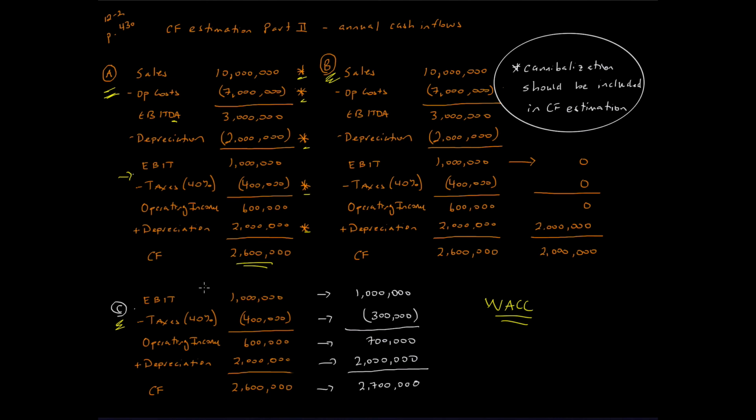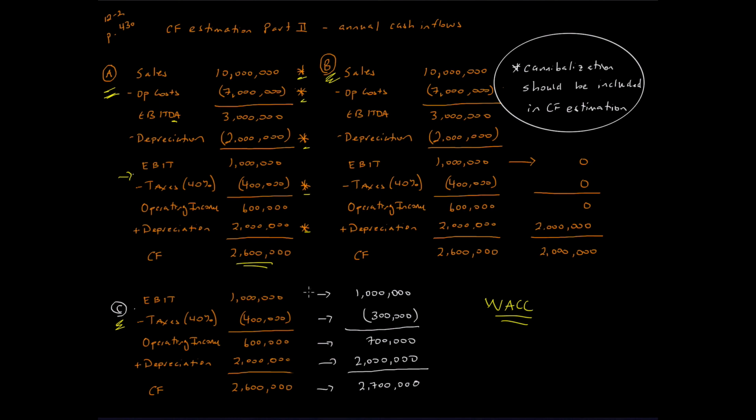In part C, it says ignore part B. If the tax rate dropped to 30%, how would that change your answer to part A? So what I have done is I've started with EBIT. Nothing above that really matters in this calculation, but I started with EBIT, and in white over here I have made my adjustments.